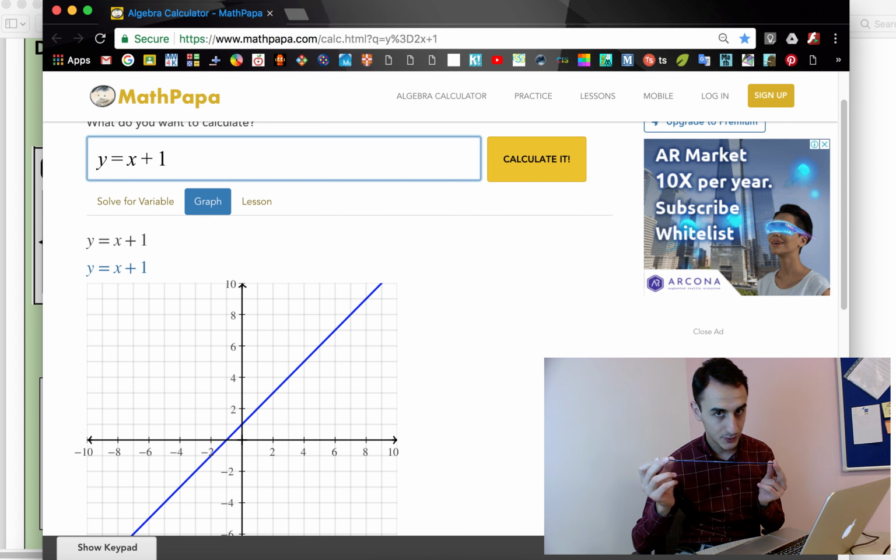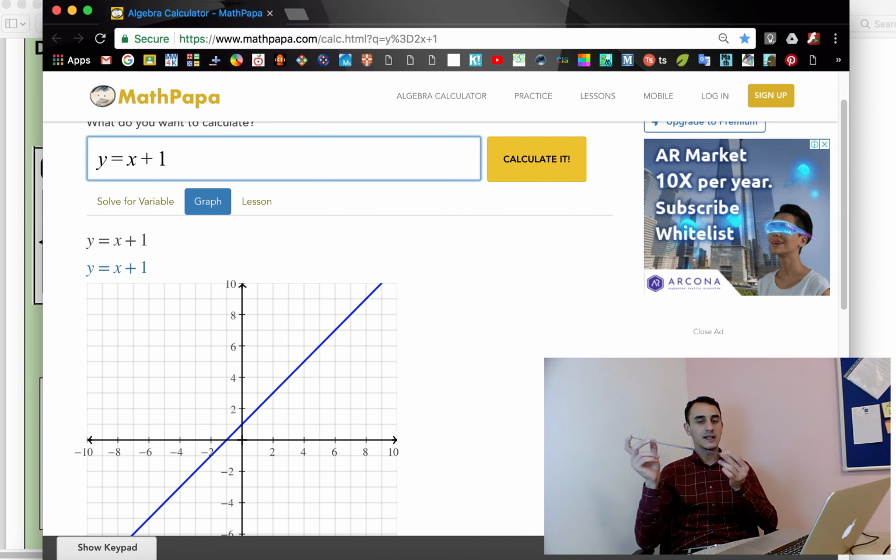Now I think it is clear to you what this number affects on the graph of the line. The number in front of the x changes the steepness of the line, but the number that we add actually slides this line. For example, if we add x plus 1, it slides one step up. If you write x plus 3, it changes its previous position 3 steps up.